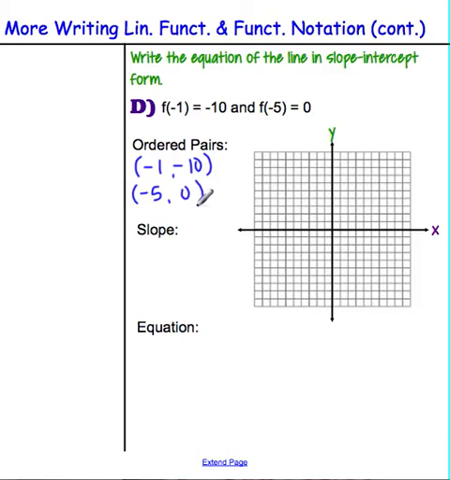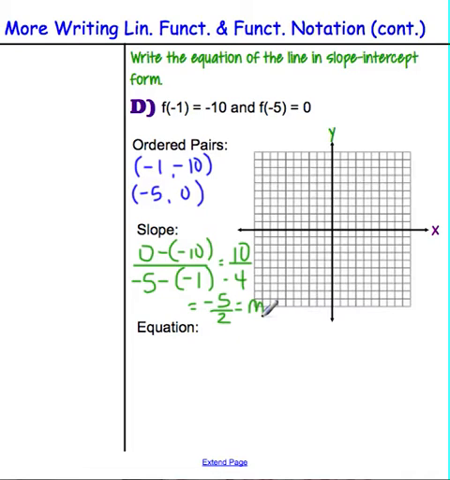Second, I need to find the slope. So I take 0 minus -10 over -5 minus -1, which gives me 10 over -4, which is equal to -5 halves. So I know that this is my slope.